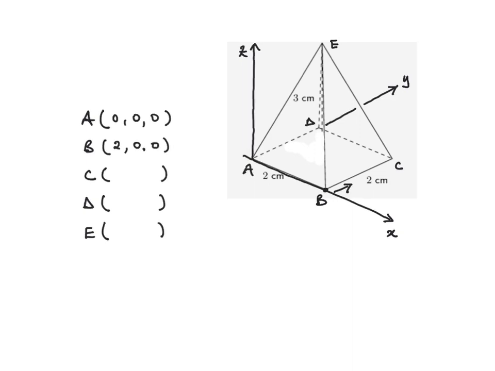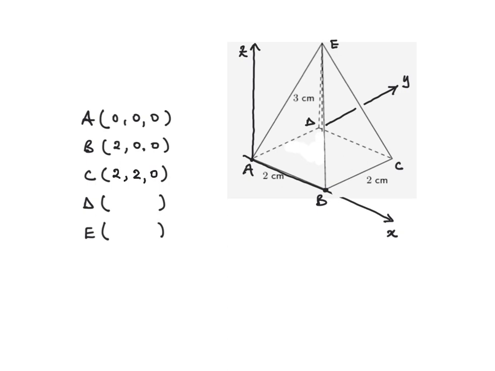Now, if we consider the point C, so it's 2 in the positive x, 2 in the positive y, and again it's 0 in the z direction because we're not moving up off the xy plane, if you like, the xy surface.